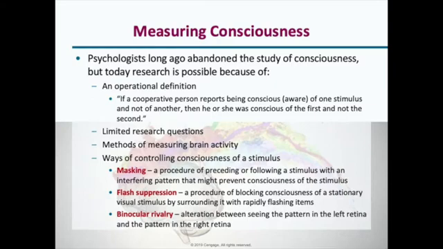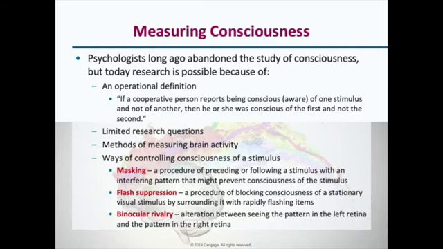As to the limited research questions, for the time being, we postpone the questions that are the hardest to answer and focus on limited answerable questions like, how does the brain activity when someone is conscious of a stimulus differ from activity when someone is not conscious of the same or a similar stimulus?